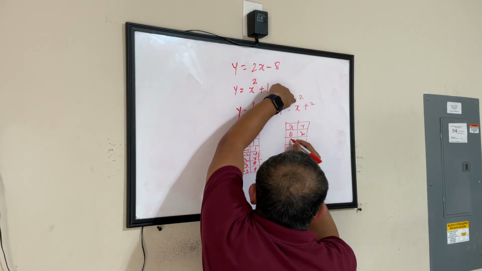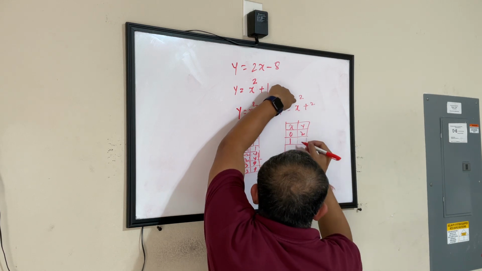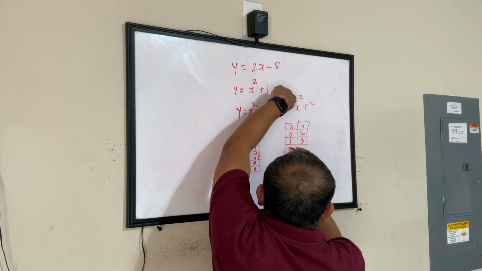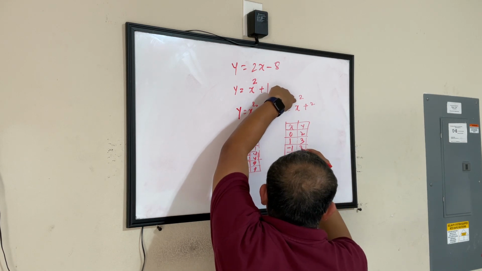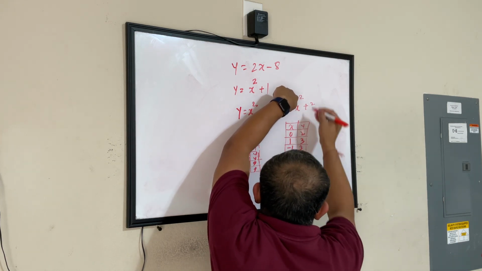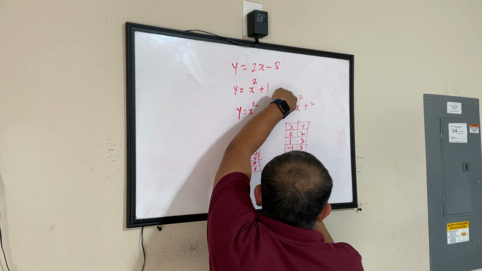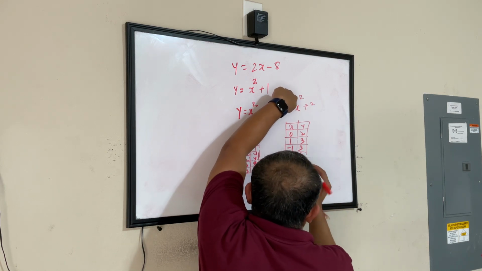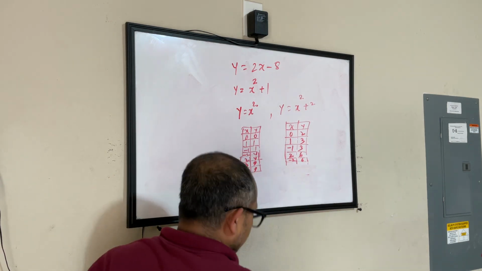When x equals 1, it gives me 1 plus 2, 3. When x equals minus 1, it also gives me 3. When x equals 2, it gives me 4 plus 2, 6. When x equals minus 2, it again gives me 6. So this many points should be enough.